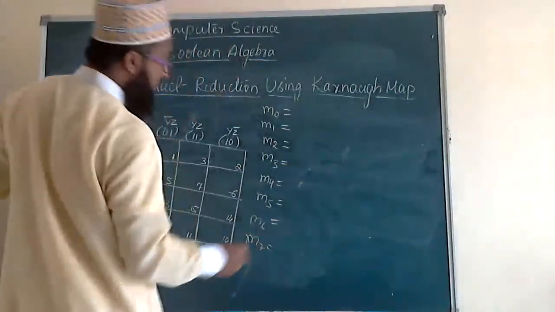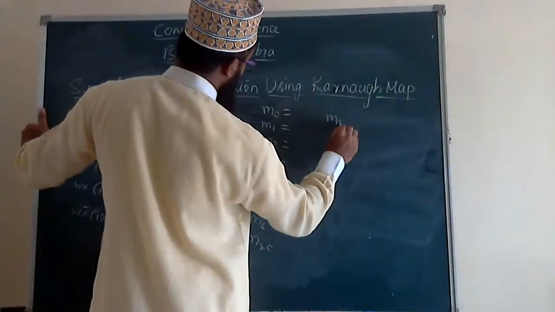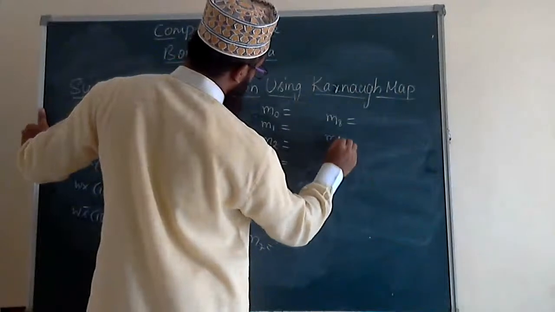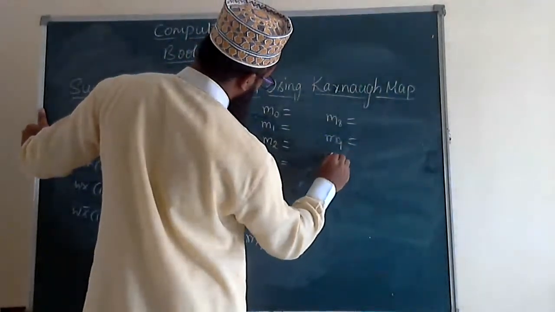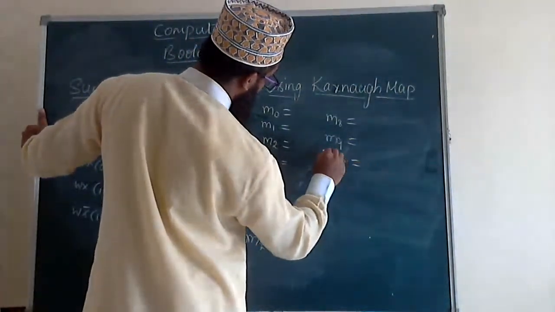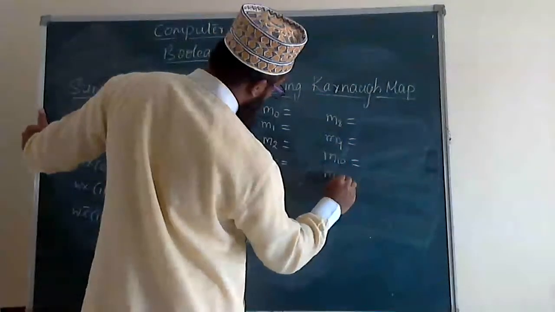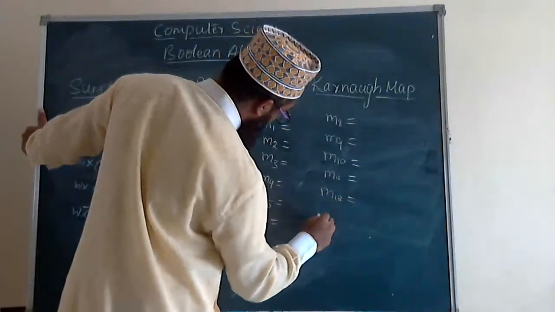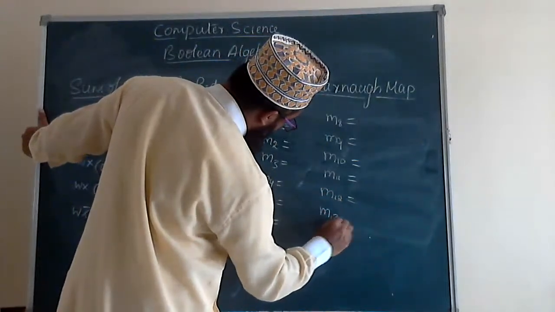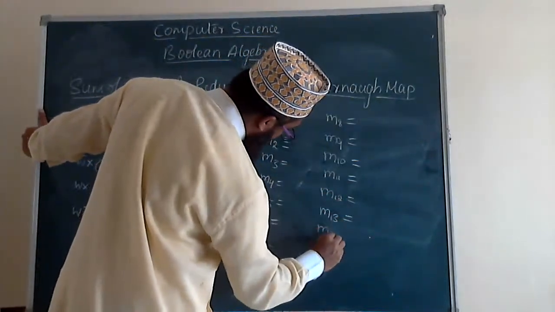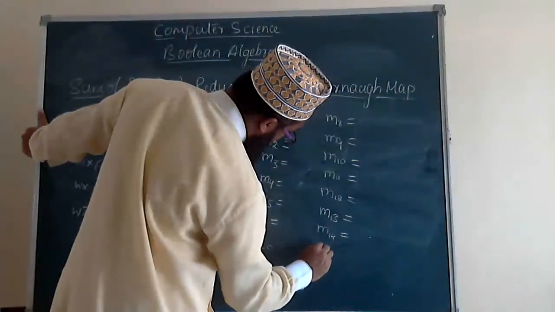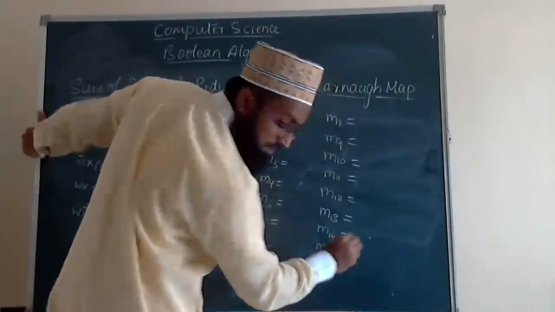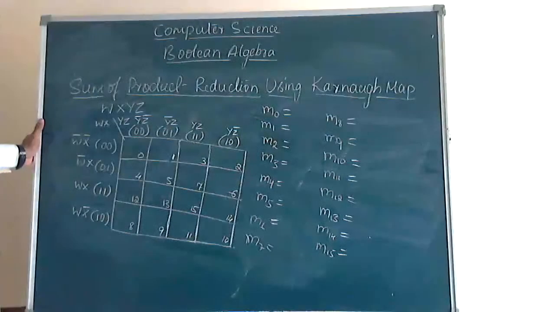This is small letter m. Then m8, m9, m10, m11, m12, m13, m14, at last m15. Like this we have to write.